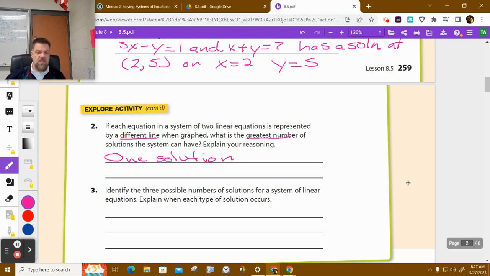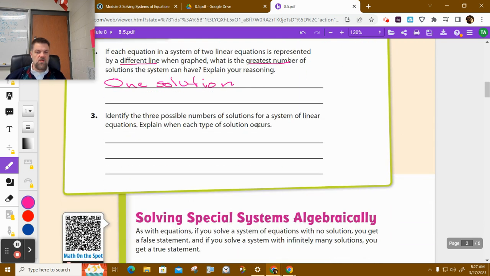And then the next question is identify the three possible numbers of solutions for a system of linear equations. Explain each type of solution that occurs. Okay, so here's what I think they want us to say.